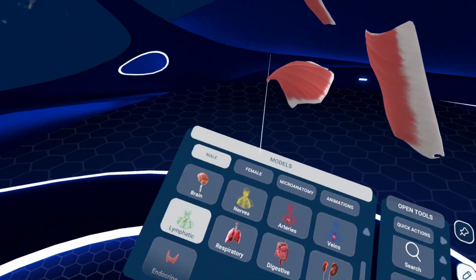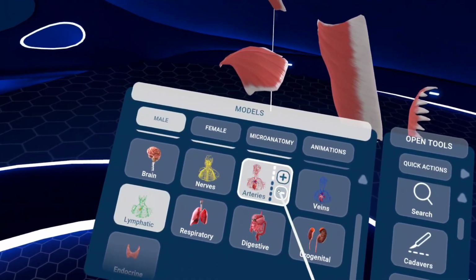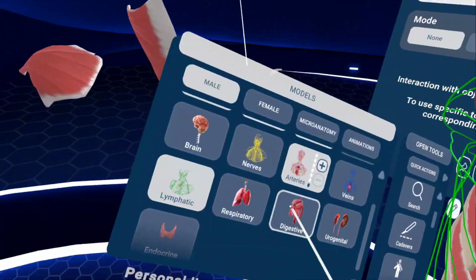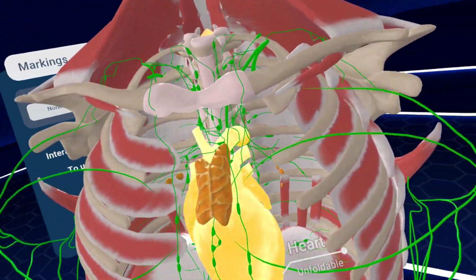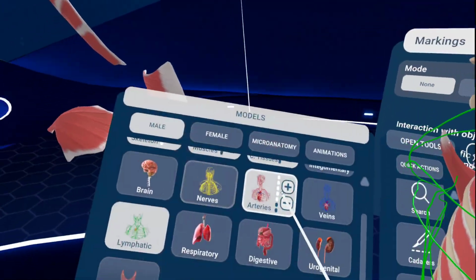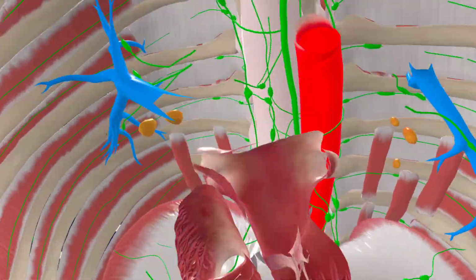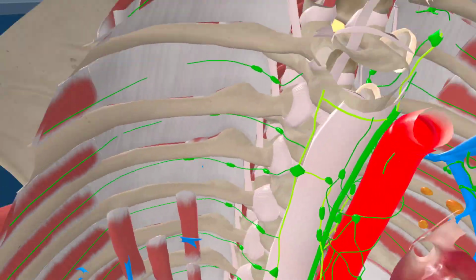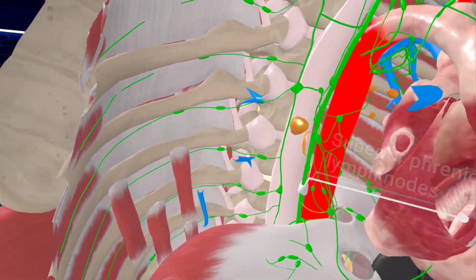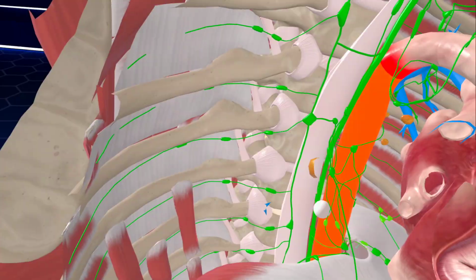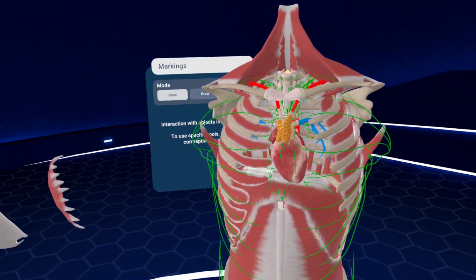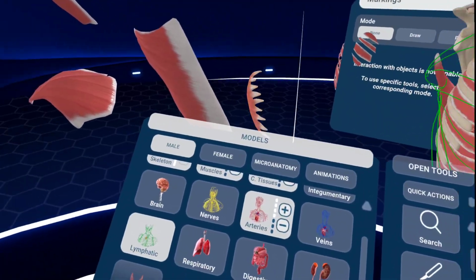If we add some arteries on the lowest level, the aorta will appear. Oh, sorry, it is still not appearing. Okay, here. It comes with the aorta, if you focus on it. So this is a main vessel.